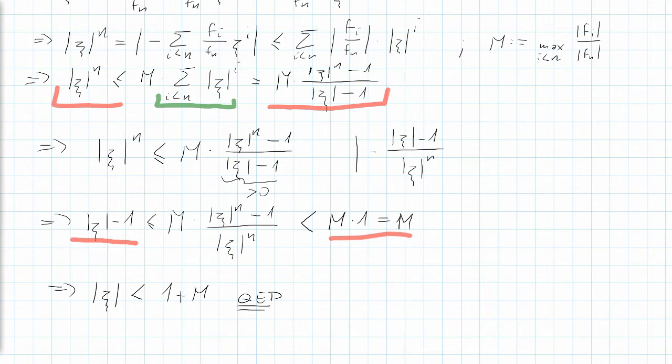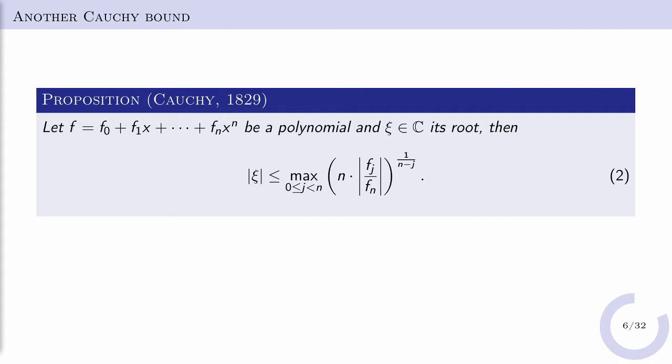As I said, this was due to Cauchy. In fact, in the very same book, Cauchy proved also another bound for the roots of polynomials, and this says that again under exactly the same assumptions, the absolute value of the root is bounded from above by the maximum over j from 0 to n minus 1 of the expression, the fraction f_j over f_n. This is exactly the kind of expression that we encountered previously.